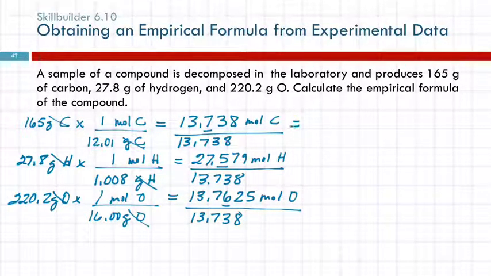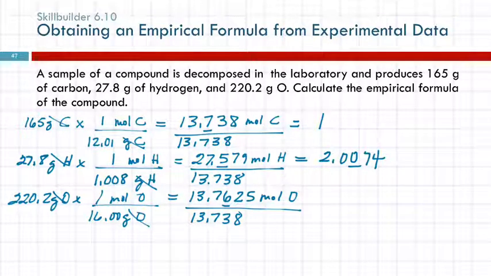That first one, because it's divided by itself, is 1. And then we've got 27.579 divided by 13.738 equals 2.0074.